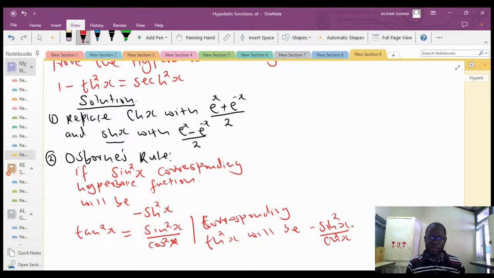So the corresponding tan squared of x will be negative tanh squared of x, like that.